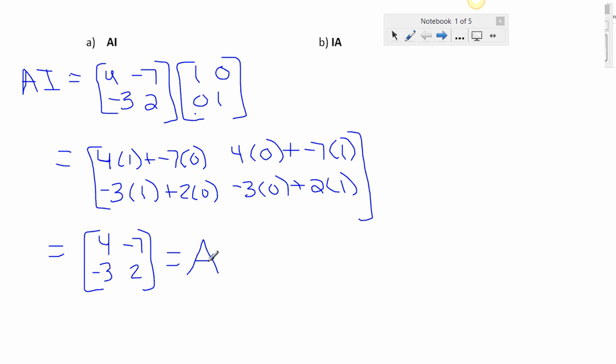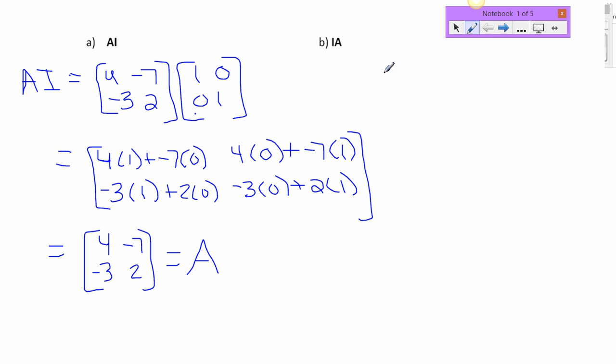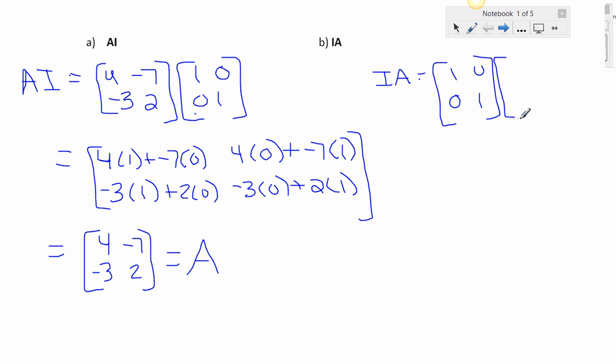Okay. So now we're going to do this for IA. So we're switching that order here, and we're going to see if that works as well. So identity first, then the A matrix. Perform the multiplication, first row, first column, first row, second column.